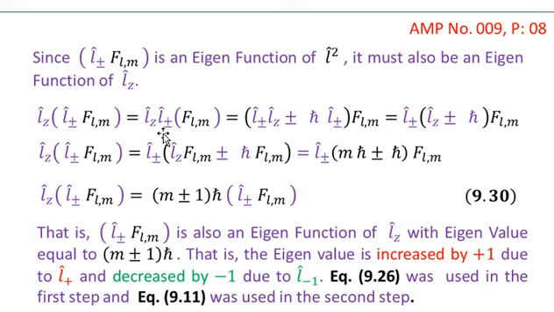Here I can take out the two operators outside the bracket and I can use the information of Lz with L plus-minus from the previous commutator, which gives you this value.